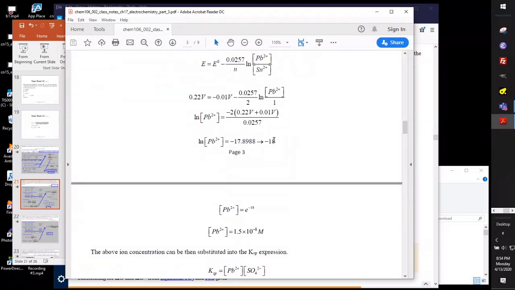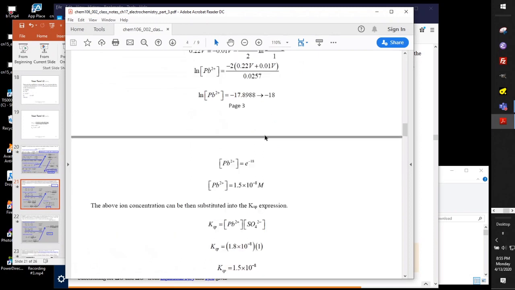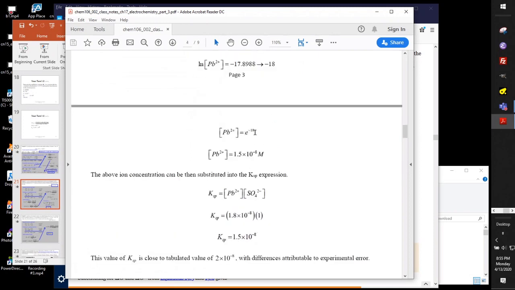It's minus 18. That's all based on the E0 value was minus 0.01 volts, and the observed E value was 0.22. So under those conditions, the concentration of the lead is e to the minus 18th power, which is 1.5 times 10 to the minus 8 molar.